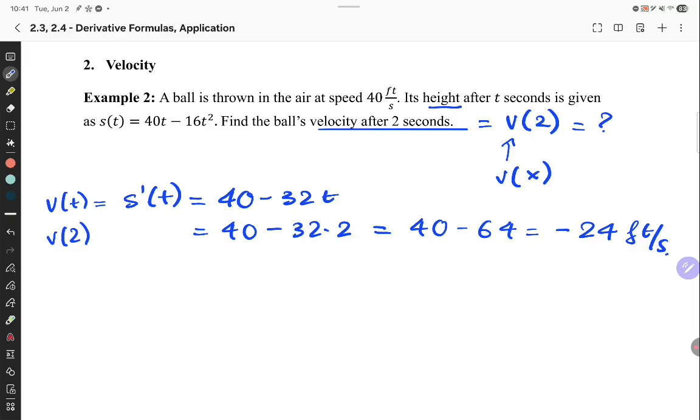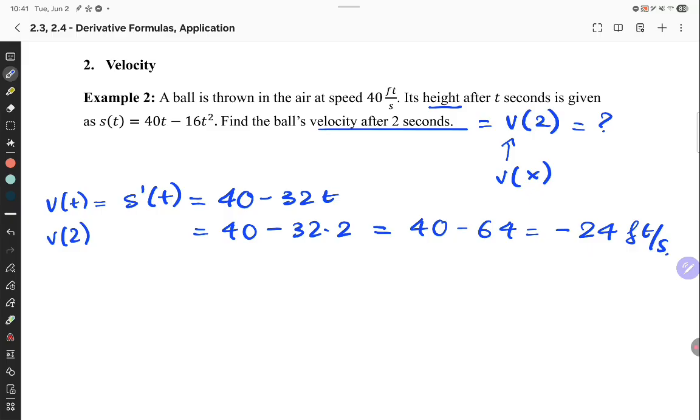Okay, why negative? Not really slow. If you use the word slow or fast, speeding up, that's going to be acceleration. We're going to discuss that when we talk about acceleration. Because the ball's on the way down, the direction, that negative, tells you that. Technically, when you throw the ball up, there will be a period of time the movement is upward, right?